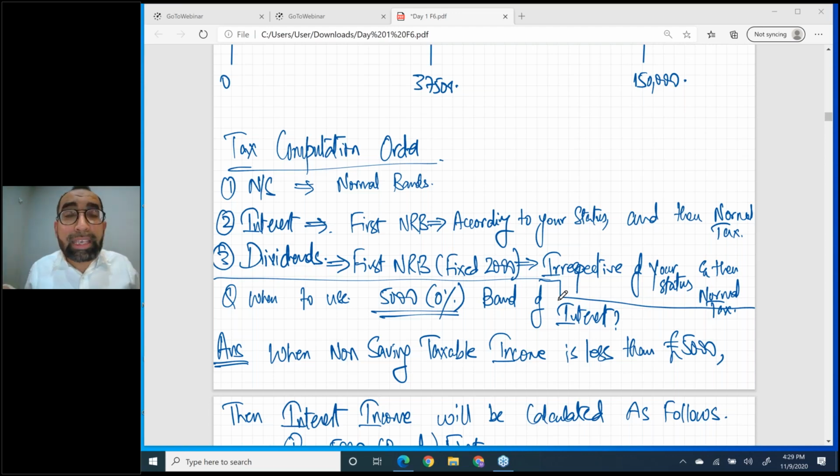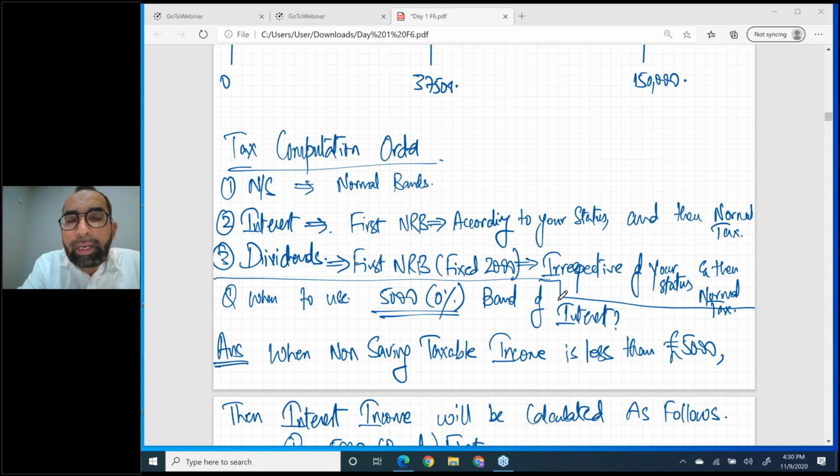And if the taxpayer is a higher rate taxpayer, then interest NRB is only 500. And if the taxpayer is an additional rate taxpayer, then no interest NRB is available. So in normal circumstances, whenever you need to calculate tax on interest, always this is the order: first NRB, then normal tax.